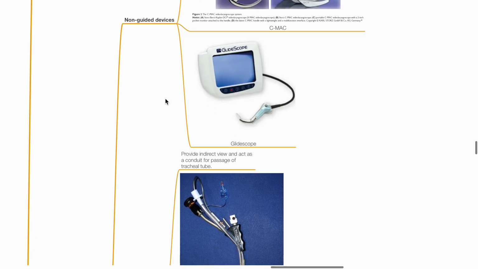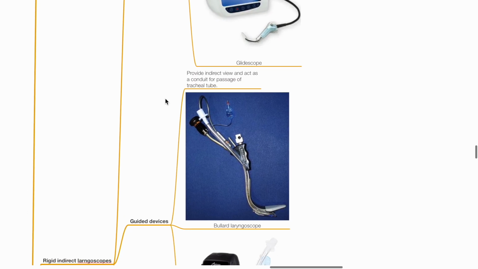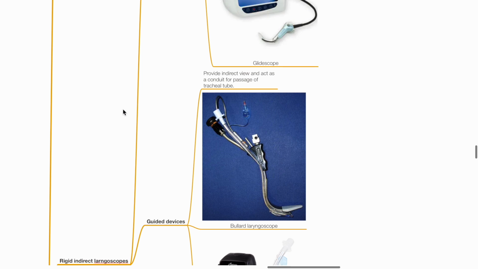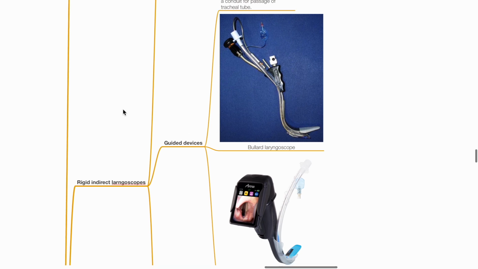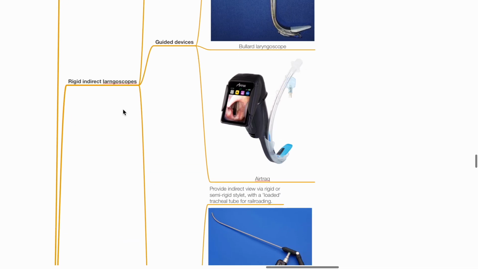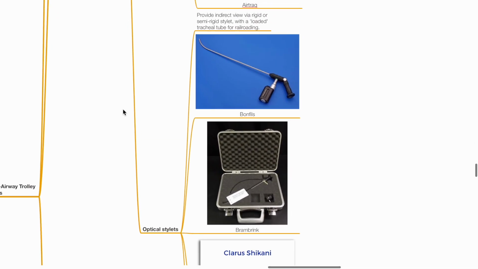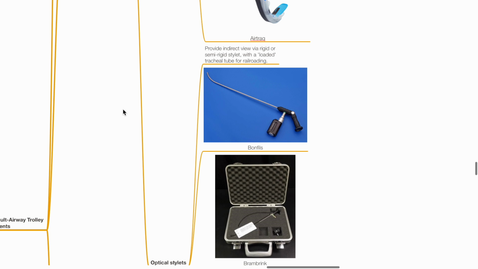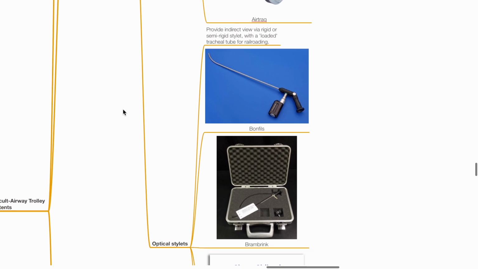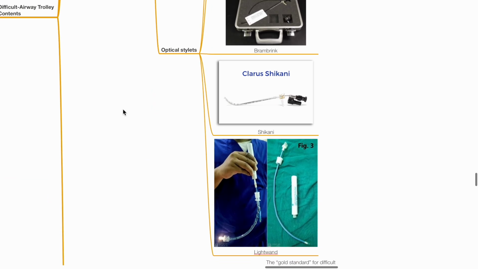Guided devices provide an indirect view and act as a conduit for passage of the tracheal tube. Examples include the Bullard laryngoscope and AirTraq. Regarding optical stylets, these provide an indirect view via a rigid or semi-rigid stylet with a loaded tracheal tube for railroading. Examples include Bonfils, Brambrink, Shikani, and Levitan.